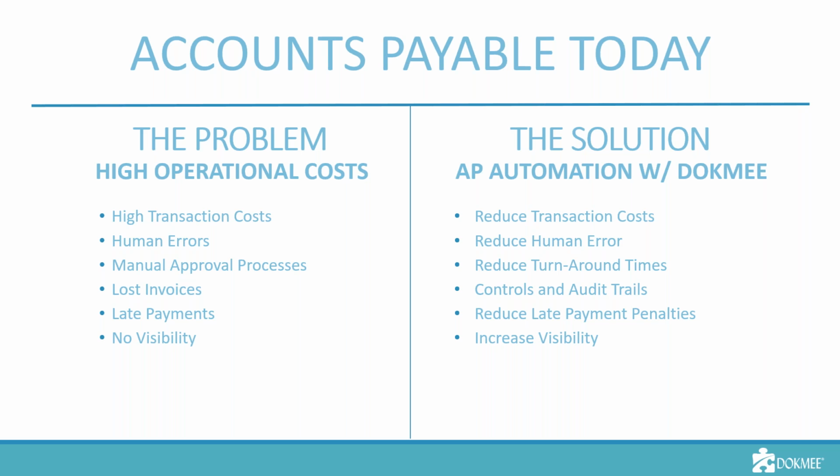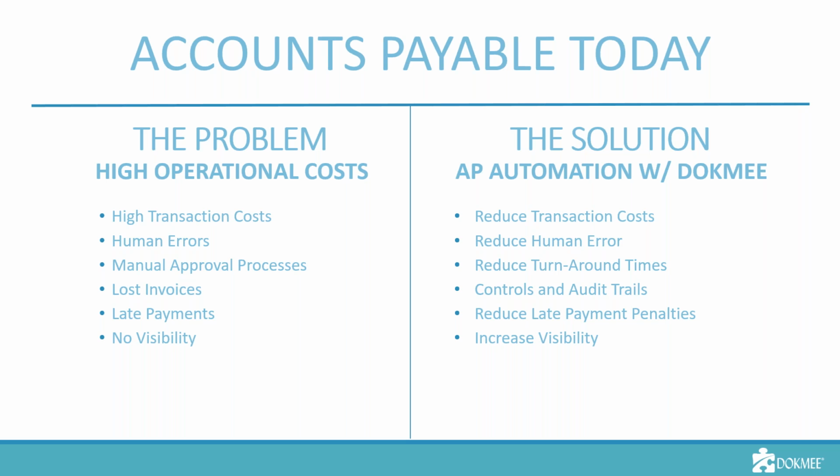And this means, goodbye to late payment penalties. We can now take advantage of early payment discounts. And now we also have instant visibility and can follow each transaction through the process, also with an audit trail in the event we need to come back and look at something later. So with Dokmee, operational costs are less. It is truly a better way.